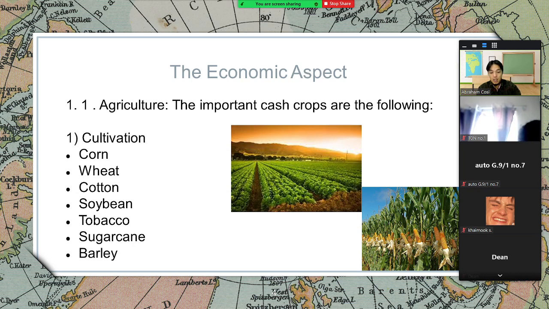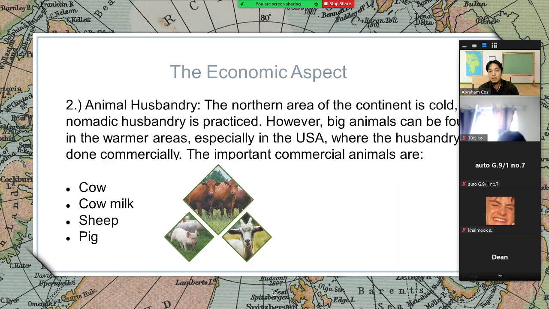Besides cultivation of crops, fruits and vegetables, we also have animal husbandry, wherein animals are raised.